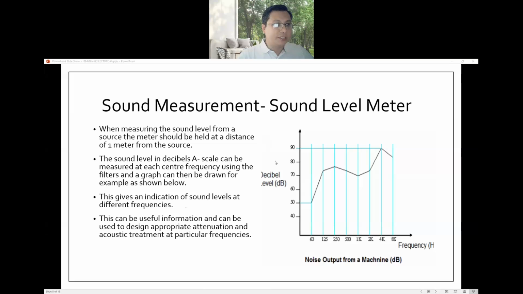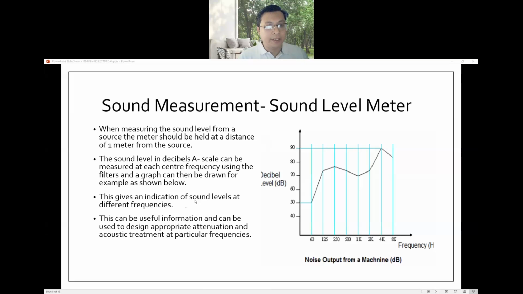Activities procedure: the sound level in decibel A scale can be measured at each center frequency using the filter, and a graph can then be drawn, as in the example shown below. So actually we plot based on the condition, sometimes by distance from the source.